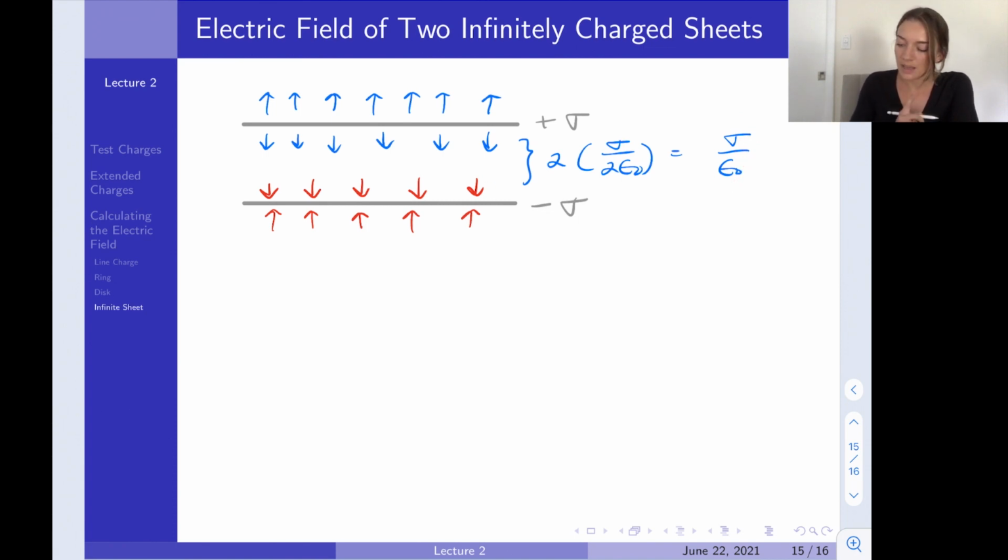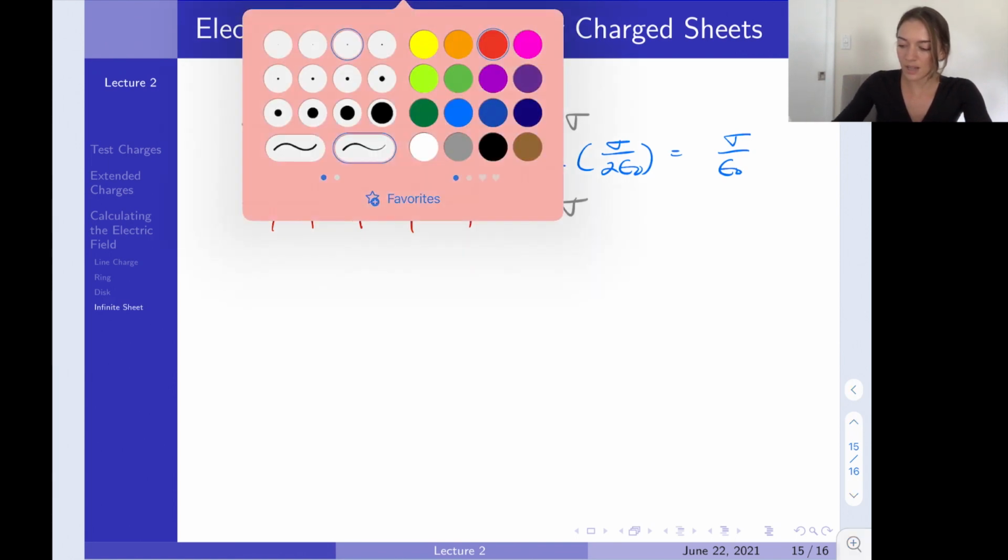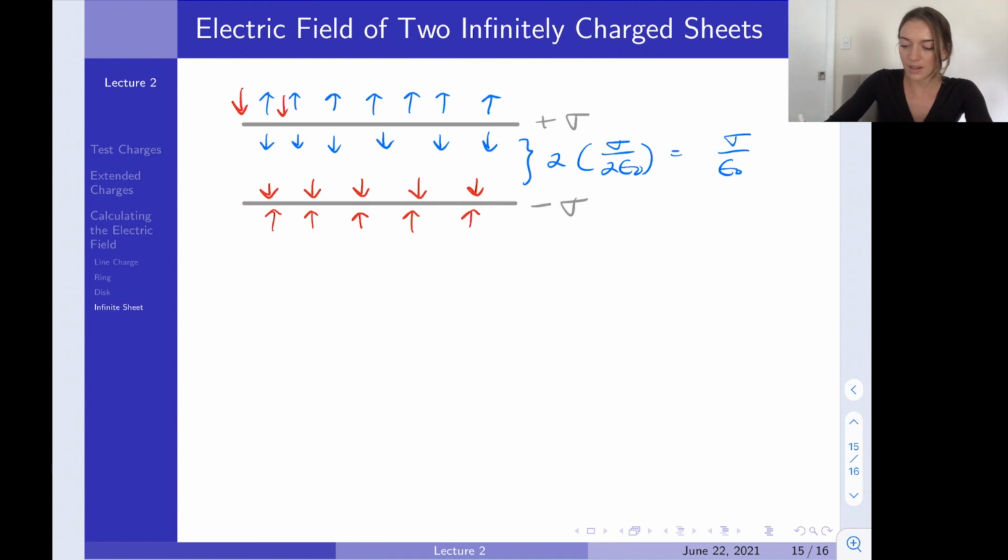So between my plates, between my infinite sheets, this is my electric field, because my electric field is just added from each. Now, out here, you might think that the electric field is given by sigma over 2 epsilon. But that's not entirely true, because you still have a contribution from this negative plate. Let's just forget that this plate exists for a second. We said that up here, the electric field for the negative plate points downward. So that means that on the other side of the positive plate, you still have an electric field from the negative plate pointing downward.